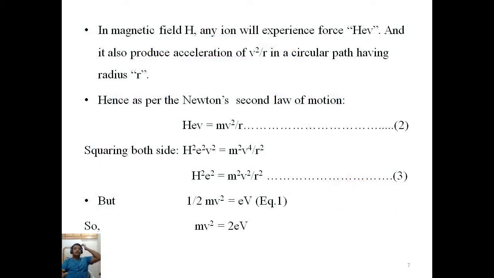So in the magnetic field H, any ion will experience a force, that is H, e and v. Here H is the magnetic field which is applied from the magnetic analyzer, e is the electron charge, and v is the velocity of the molecule.